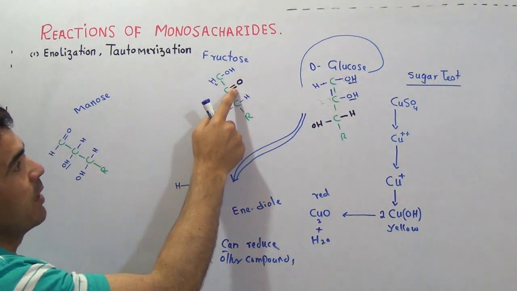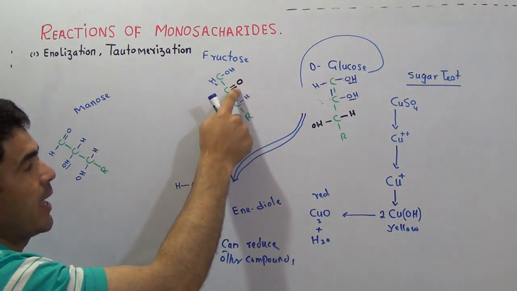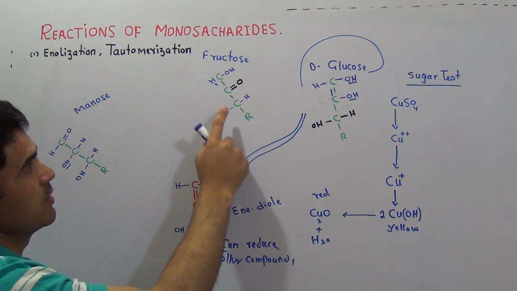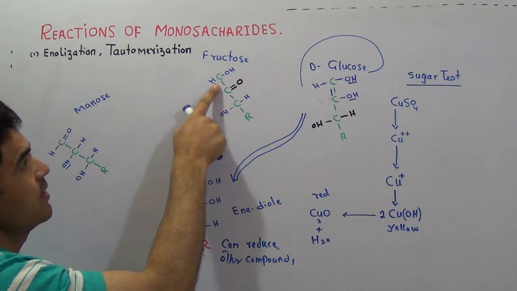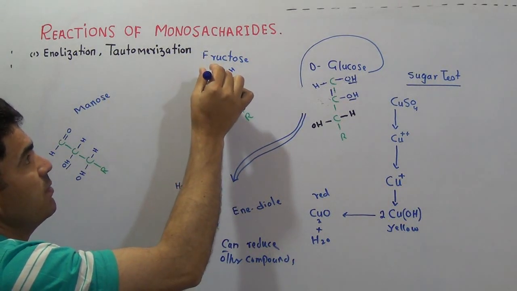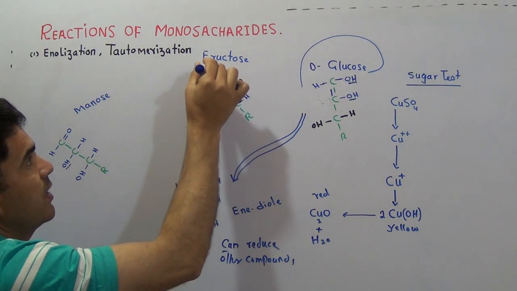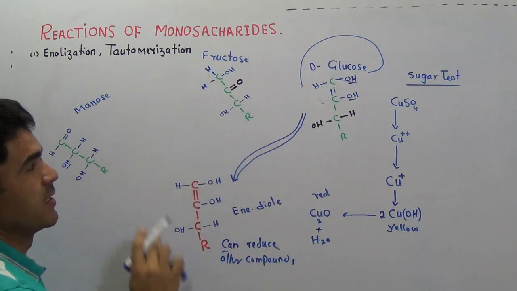If you see the double bond over here and one hydrogen, because we have two hydrogens here, right? Two hydrogens. So there will be the same mechanism. One hydrogen is here, one hydrogen is here.